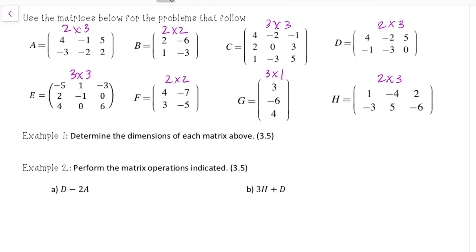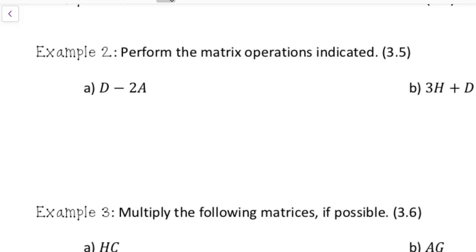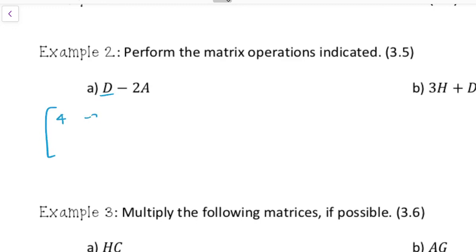So then, for example 2, perform the matrix operation indicated. If I want to take matrix D minus 2 times matrix A, I'm just going to copy each of these. So matrix D is going to be 4, -2, 5, and 1, -3, 0.